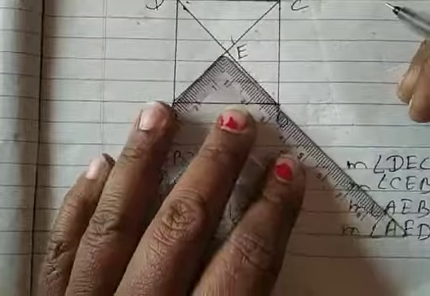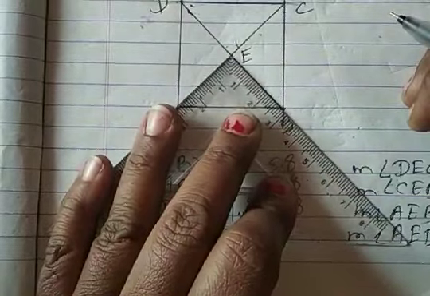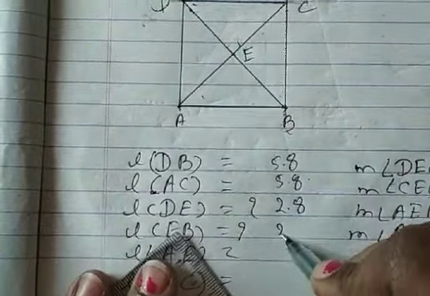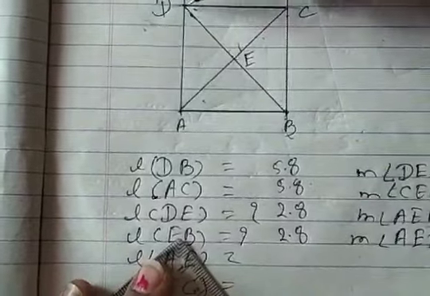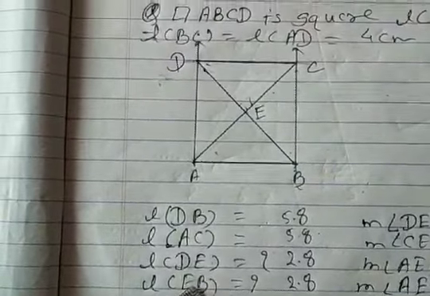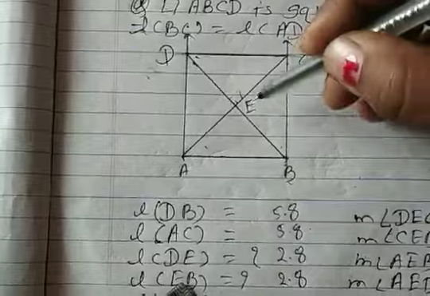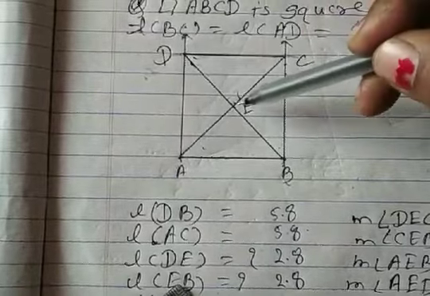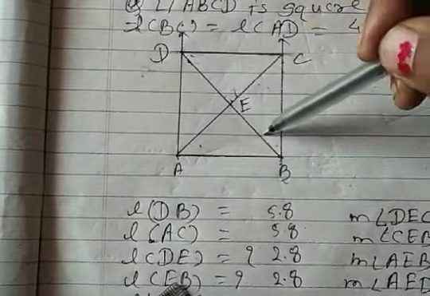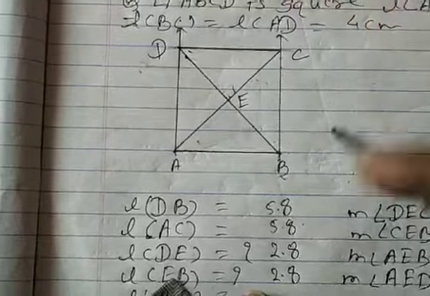Similarly, if you measure EB, its measure is also 2.8. So from this what we are understanding is that the point E, meaning the diagonals bisect each other, the square's diagonals also bisect each other, meaning DE is equal to EB is equal to 1/2 DB.